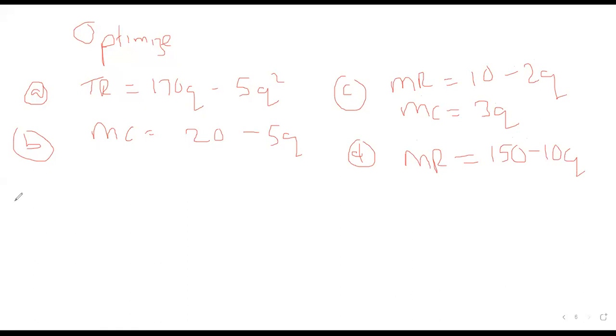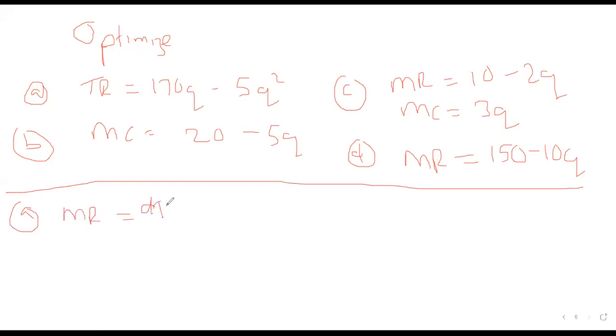So we are generally taught to optimize. Part A, since they've given us total revenue, obviously they want us to find the maximum output for the revenue. So we first need to find the marginal revenue here, which is the derivative of TR over the derivative of Q. When you differentiate that one, it's going to give you 170 minus 10Q.